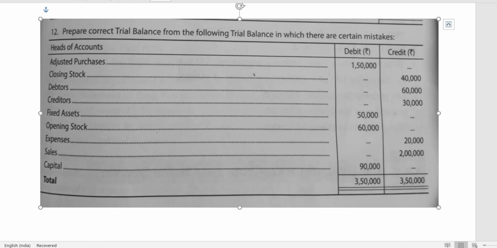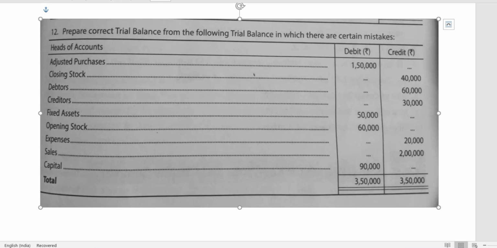Debtors, asset, debit column. Creditors, liability, credit column. Fixed assets, debit column. Opening stock, as I said, since adjusted purchase already includes opening stock, you don't have to show it separately. Opening stock will not be coming here. Remember, adjusted purchase equals opening stock plus purchase minus closing stock. Expenses, debit column.